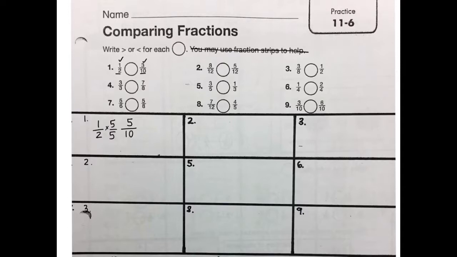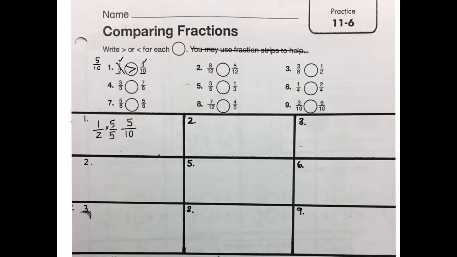So now, instead of having 1/2, I have 5/10. If I'm comparing 5/10 and 3/10, my numerator is bigger, so more pieces out of 10. So I'm going to put in my greater than sign.